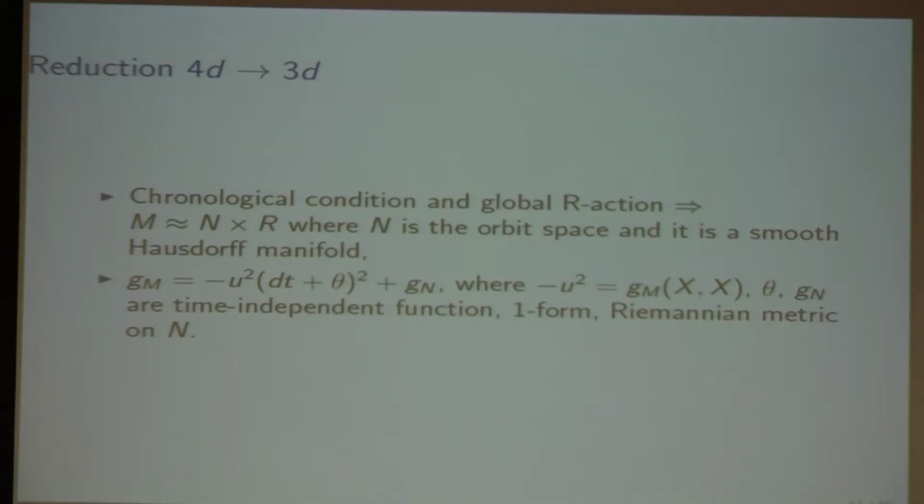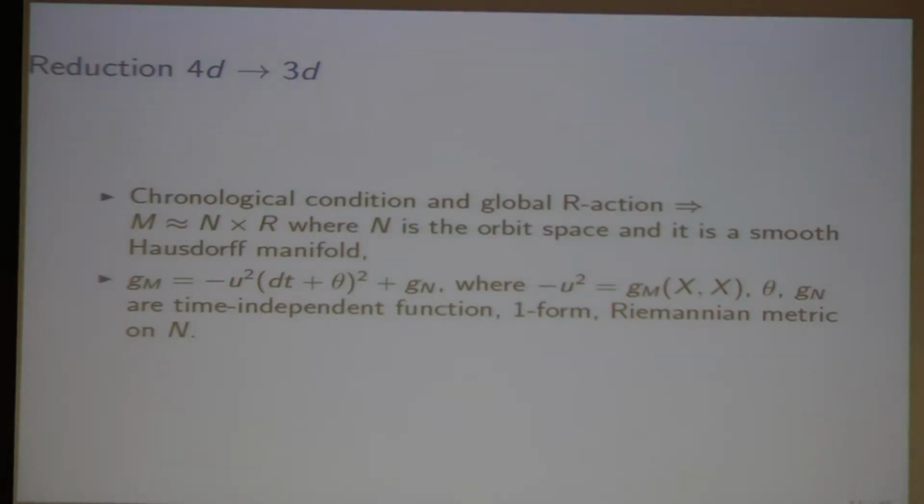Under this diffeomorphism, or global coordinates, the Lorentz metric can be written in this simple way: U squared, the norm of the Killing field, minus U squared, because it is negative, theta is a one-form on N, and g_N is a Riemannian metric on N. So these three objects, one function, one form, and one Riemannian metric on N, are time independent.